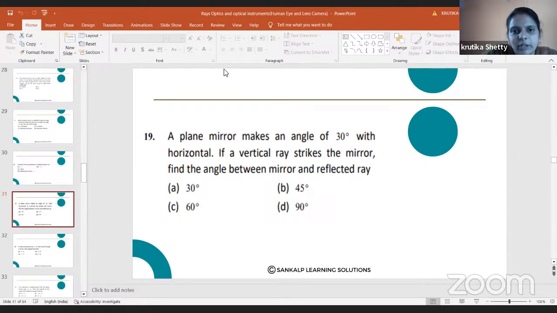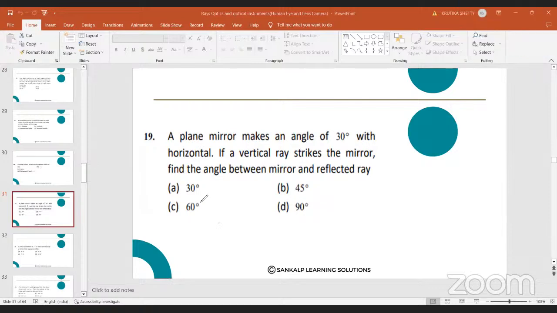Before giving the answer, here you need to see that they are saying the angle is made with the horizontal. That angle is 30 degrees. You can consider that if you draw the surface here, this is the normal drawn.